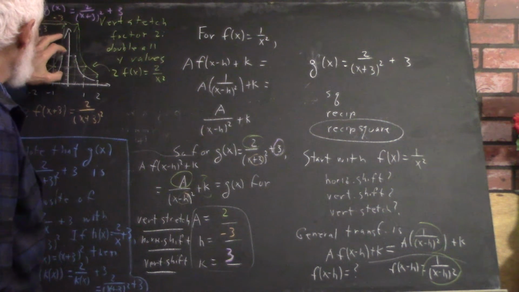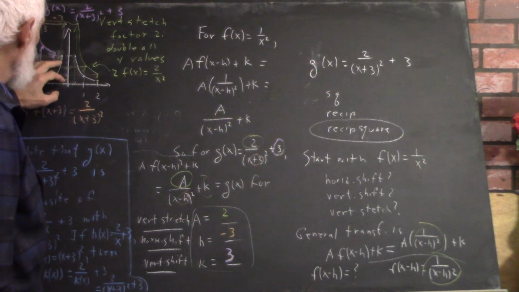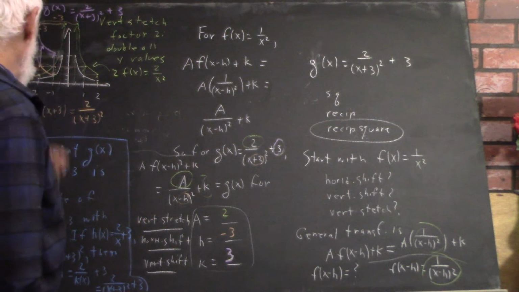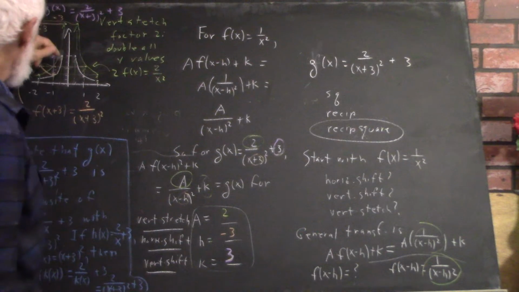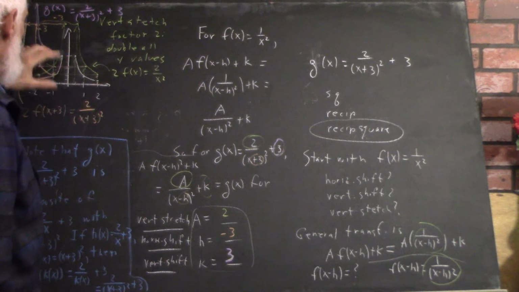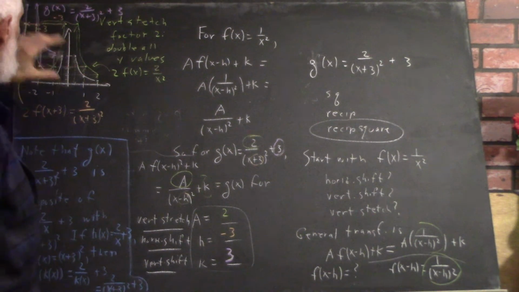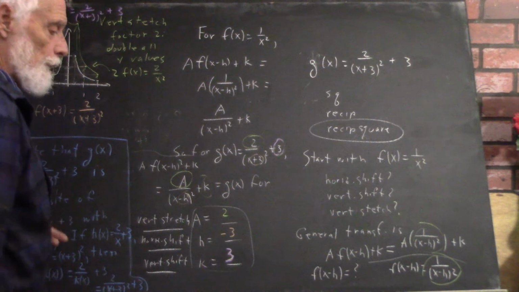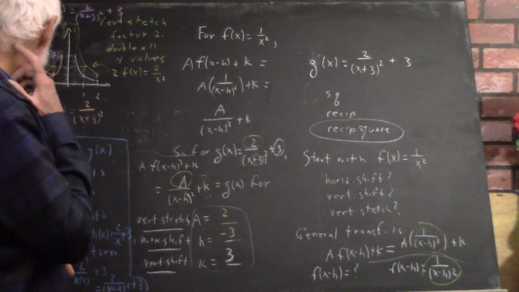Implicitly, this is 4, this is 2, this is 1, here's 1/2. Those are the numbers we need to sketch the graph. And focusing on the points, when we first did this, we just transformed the points, and then we sketched the curves to see what the functions would look like.